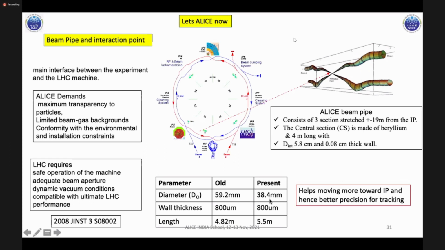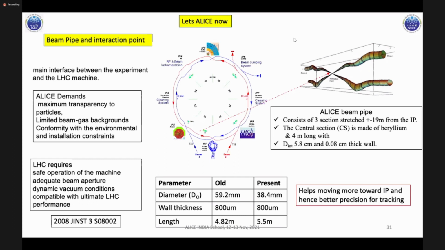So by narrowing down this beam pipe at the experimental site, what is the advantage ALICE will get? ALICE can put detectors much closer to the beam. Much closer to the beam means less chance of losing particles produced at the interaction point. And that is one of the reasons that during this long shutdown, in our tracking systems, the closest detector system in ALICE was upgraded in such a way that it can reach much closer.